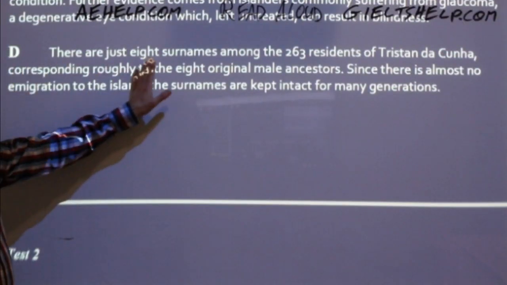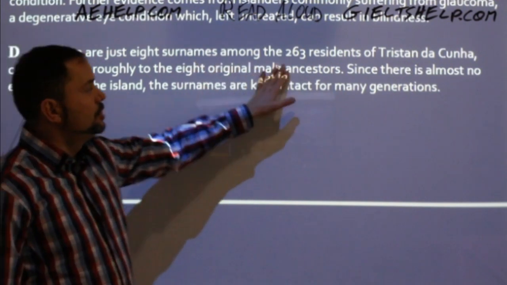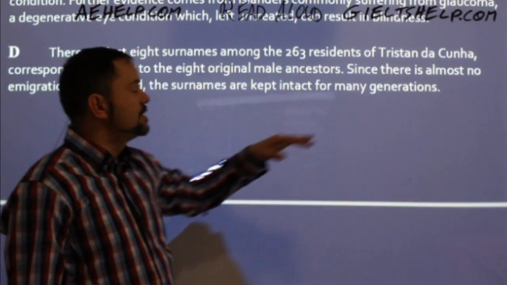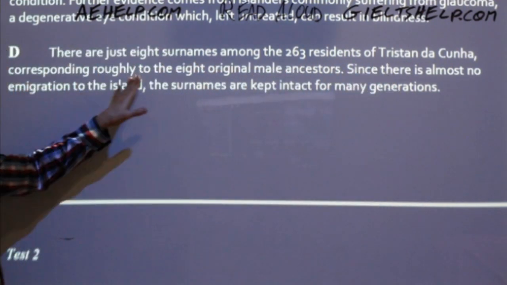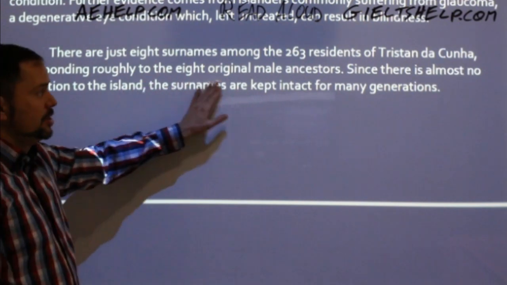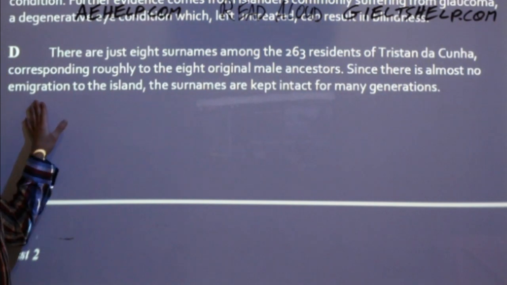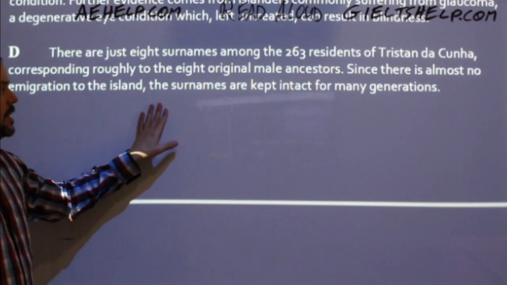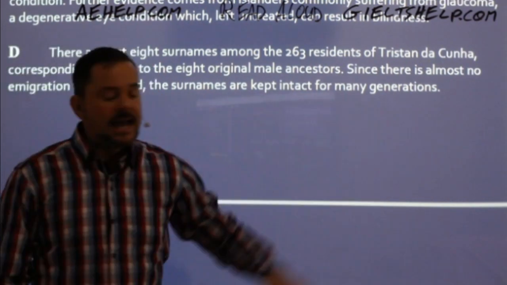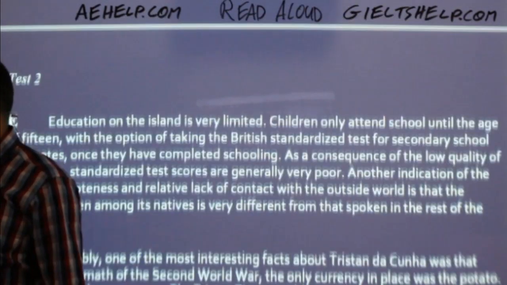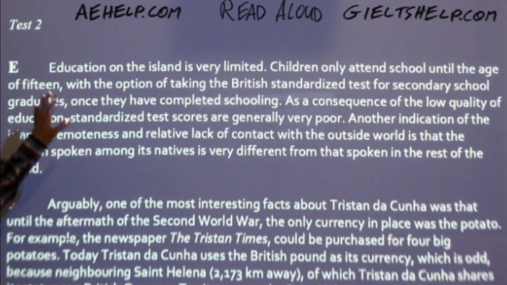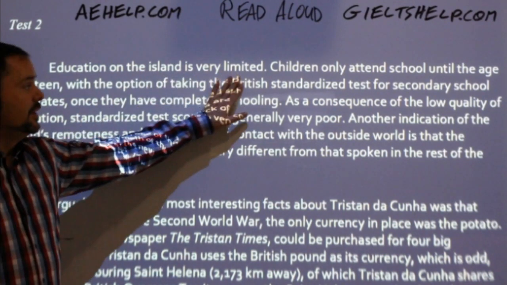There are just 8 surnames among the 263 residents of Tristan da Cunha, corresponding roughly to the 8 original male ancestors. Since there is almost no emigration to the island, the surnames are kept intact for many generations. Education on the island is very limited.